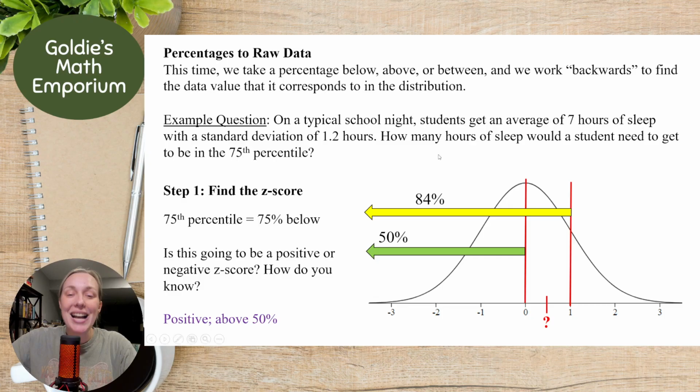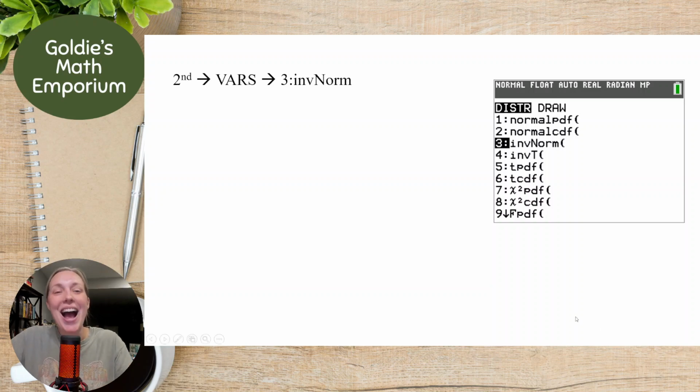Sound good? So now, how can we get our z-score from here?